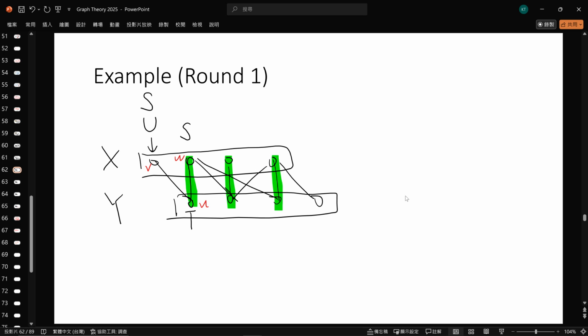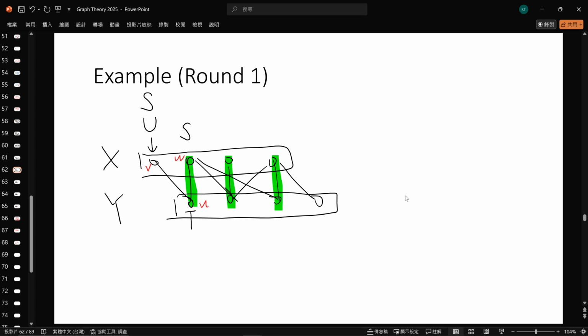For this input, the set U only consists of one vertex, this vertex V. So initially, S only contains this vertex V. Then in every round, we first go down using edges not in the matching. So we use this black edge to reach this vertex, and we add this vertex to T and then go up.